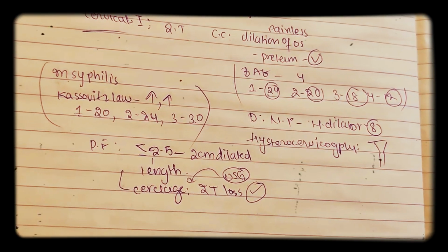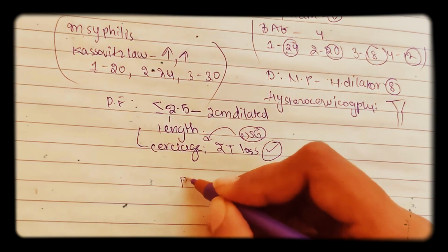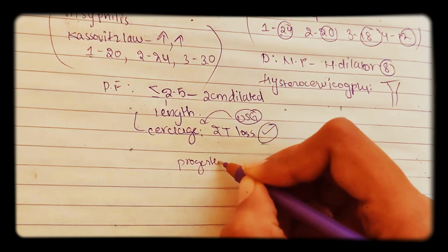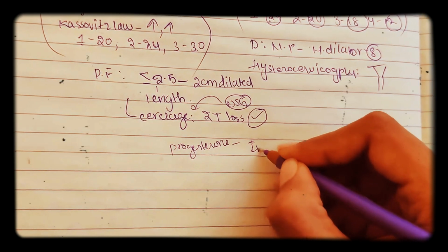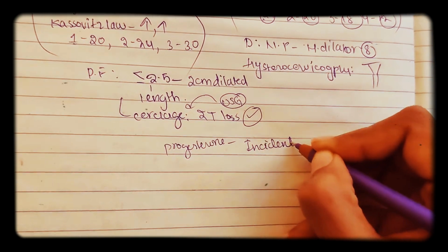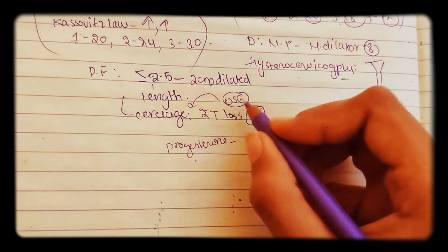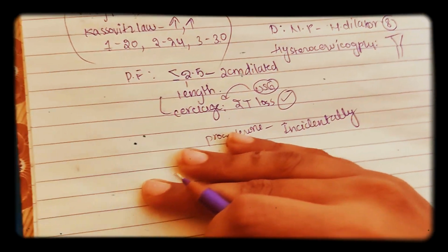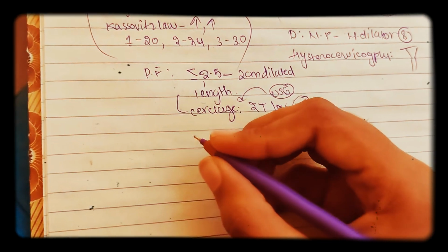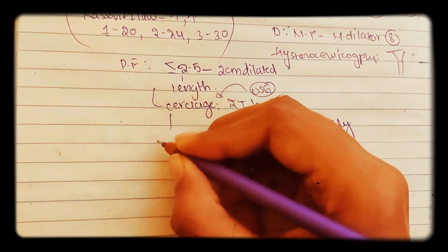So this is very important. Just give progesterone if you find the cervix is dilated incidentally. Okay, incidentally, but if you see it wantedly because you are seeing there's a problem, then you should do cerclage. Okay, emergency cerclage or rescue cerclage. What is this?